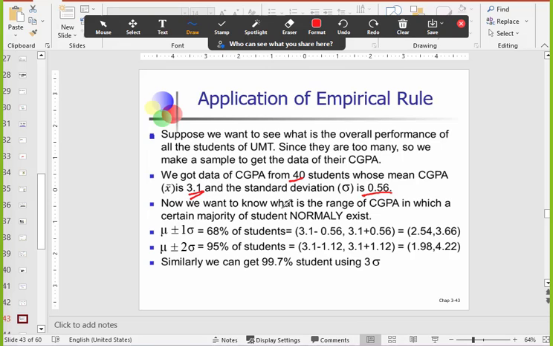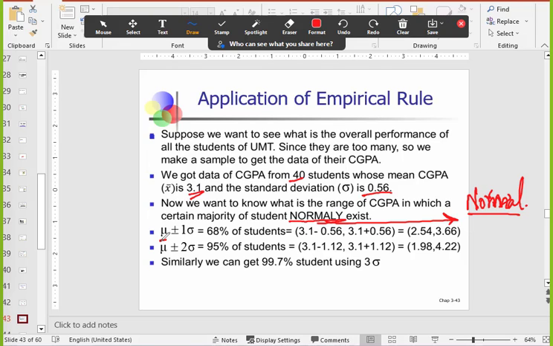Now we want to know the range of CGPA in which a certain majority of students normally exist. Why did I write it in capital? Because we are assuming the data is normal. The data normality should be ensured first so that we can apply this method.